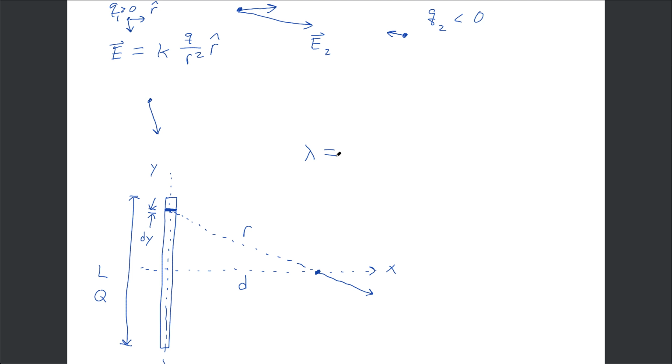You might find other symbols in other textbooks, but lambda is pretty common. This is not wavelength, as you might have seen in wave discussions. This is using lambda as a different thing, a different quantity. This is the total charge divided by total length. And this is what we call the linear charge density for something that is uniformly charged. So we're assuming that the charge is spread out uniformly on this thing.